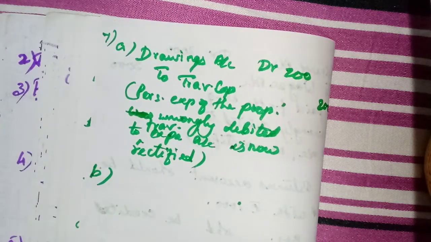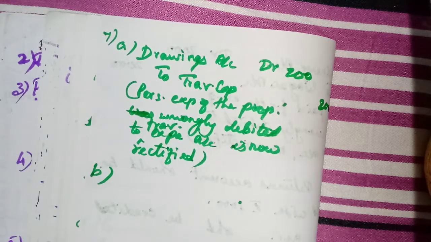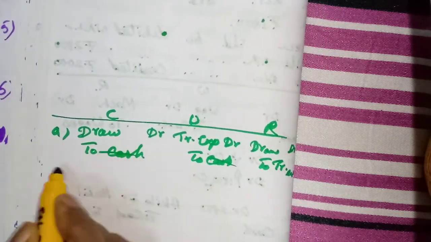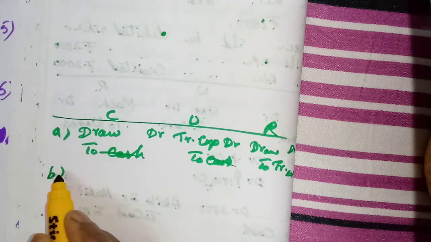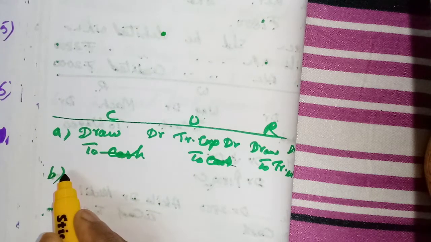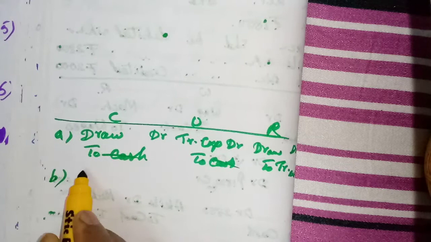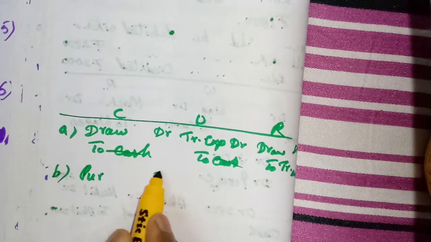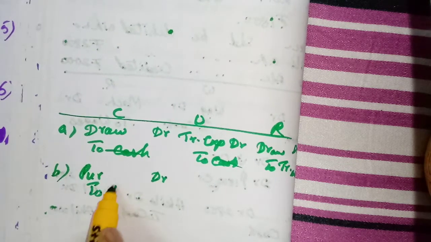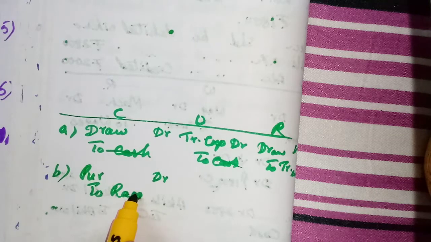Goods of rupees 400 purchased from Ramesh on credit was wrongly credited to Ganesh account. Here also it affects two accounts. So what is the correct entry? Goods purchased from Ramesh on credit, so purchases debtor to Ramesh. What is wrong?